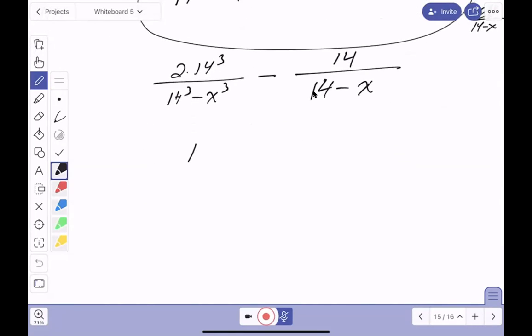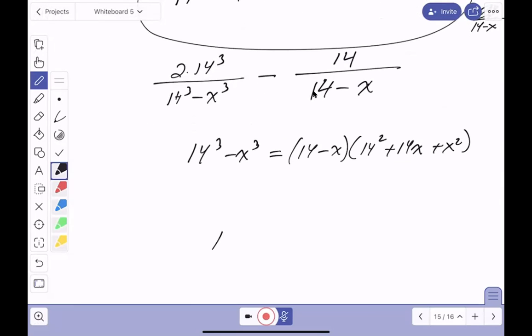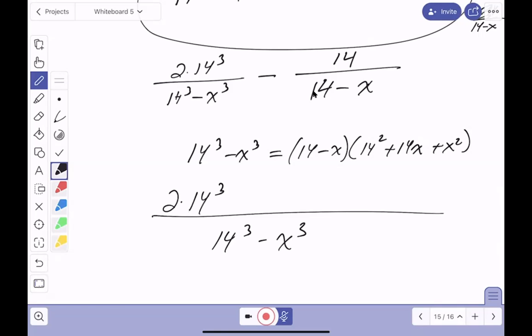I'm going to factor the bottom. So it's going to be 14 cubed minus x cubed, 2 times 14 cubed, and then 14 times, that's going to be 14 cubed minus 14 cubed.